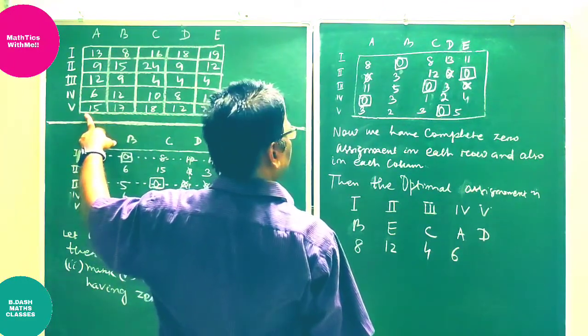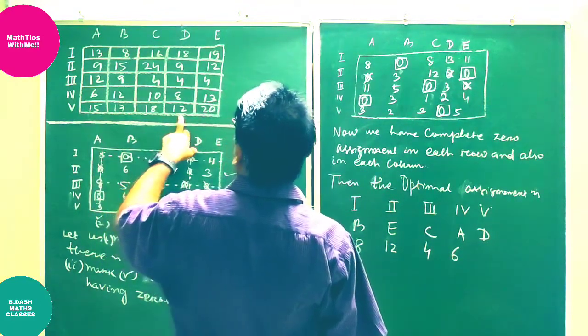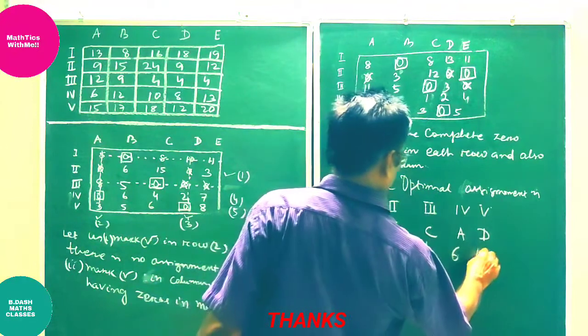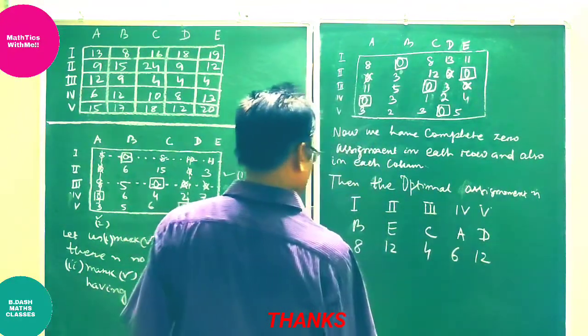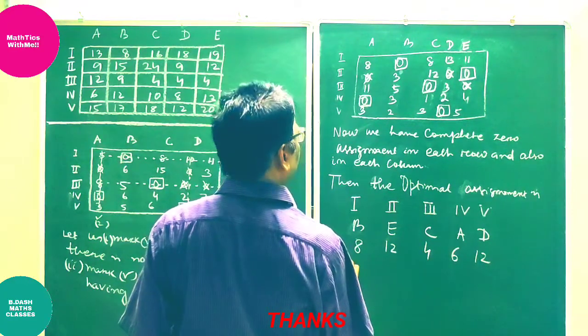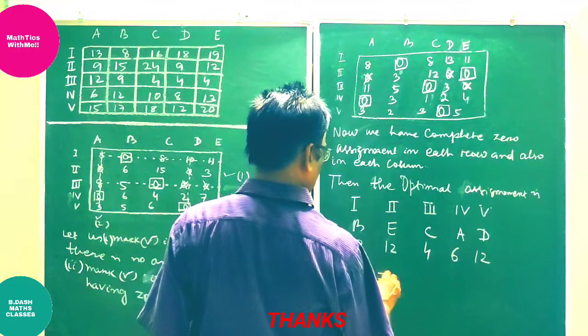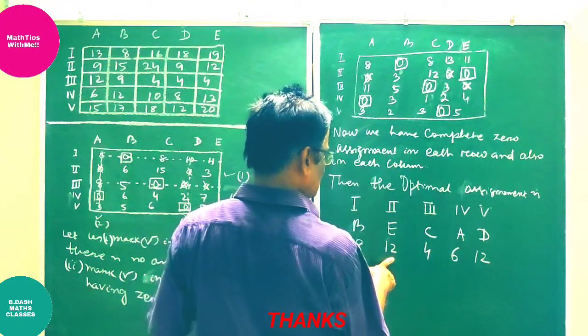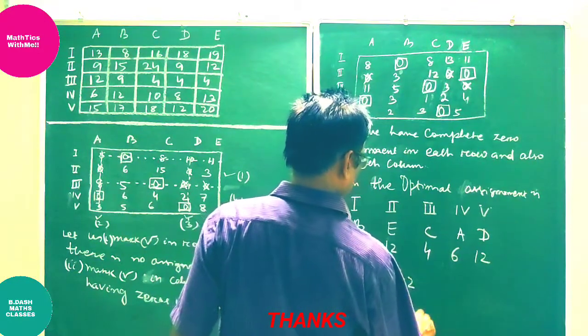For fifth it is D, 12. So the total assignment is equal to 8 plus 12, 20, 24, 30, 42.